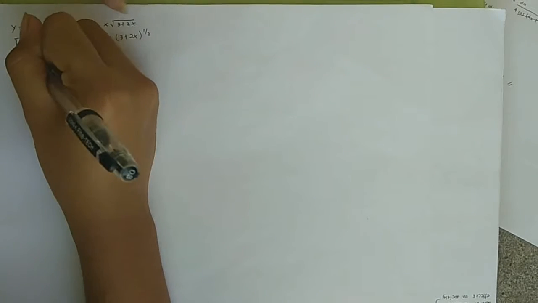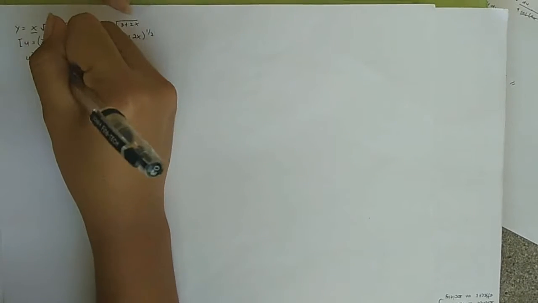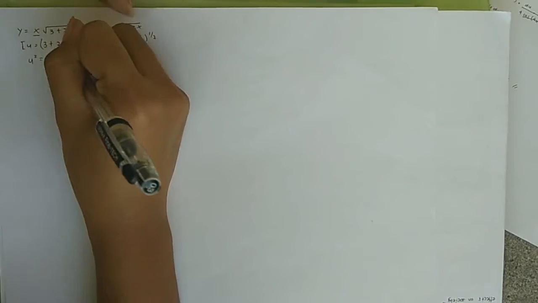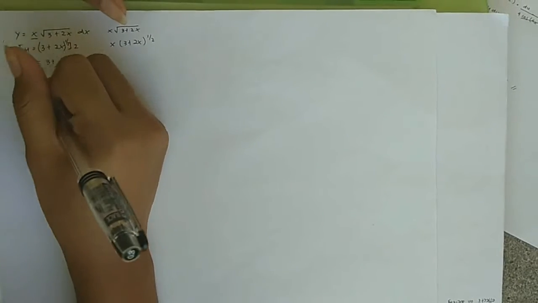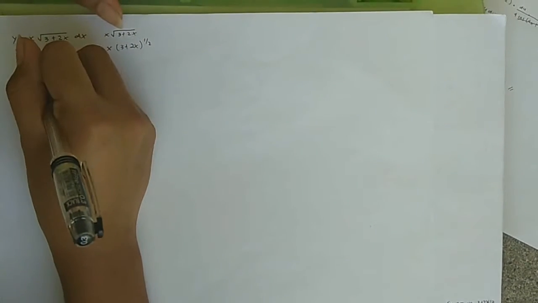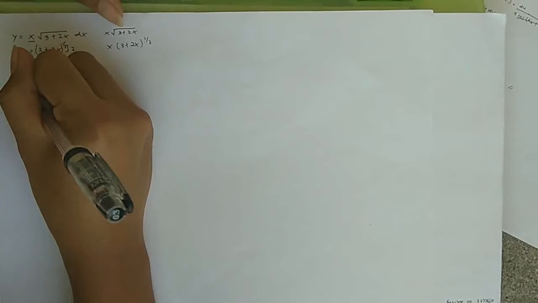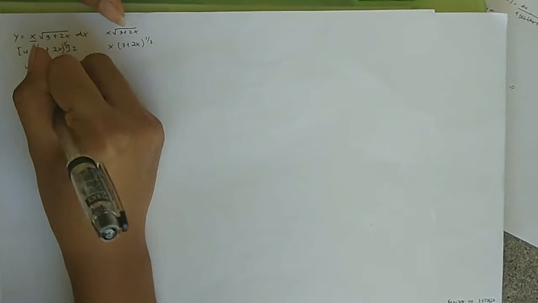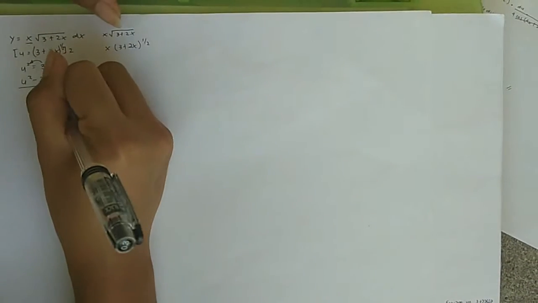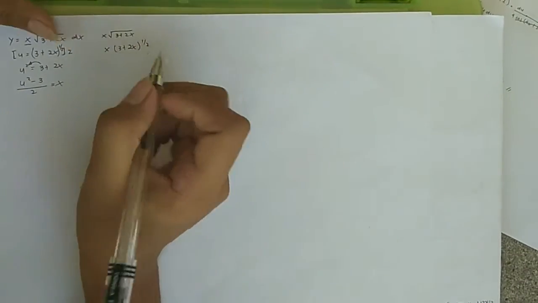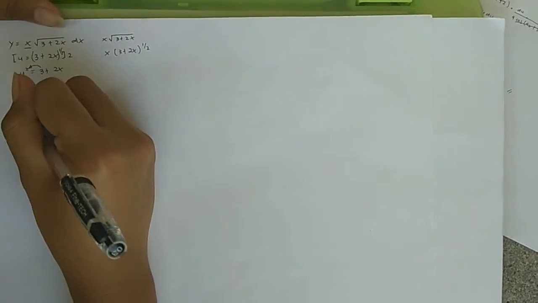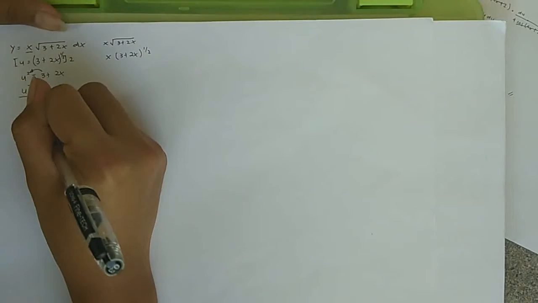We're going to have u squared is equal to 3 plus 2x. The 1 half is cancelled. Then we're going to transpose the value of 3. u squared minus 3 over 2 is equal to x.